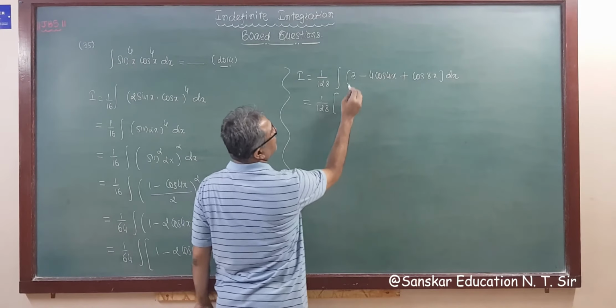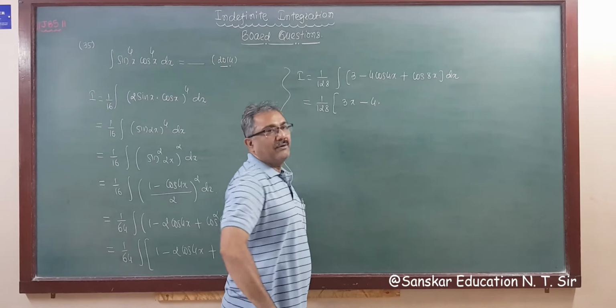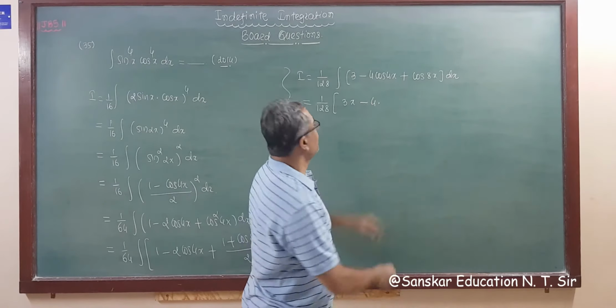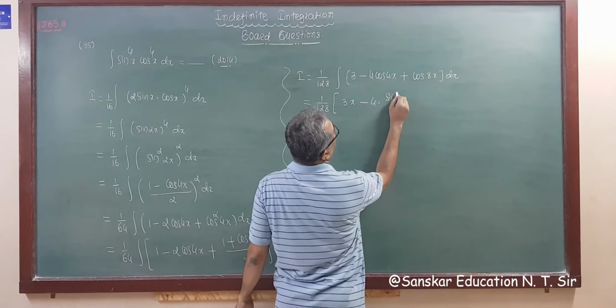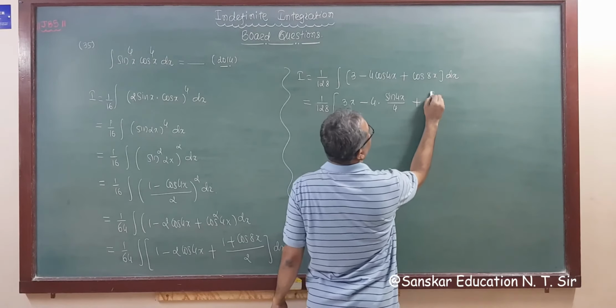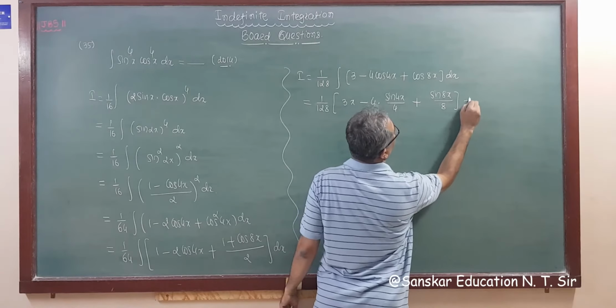The answer of this is 3x minus 4 as it is. Now the integration of cos 4x is sin 4x divided by 4, plus cos 8x is sin 8x divided by 8, plus c.